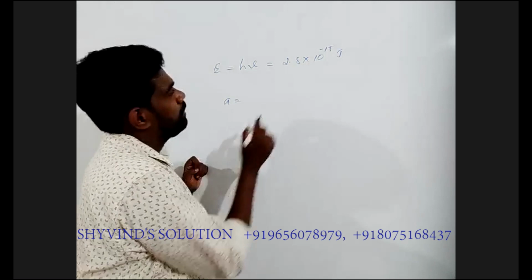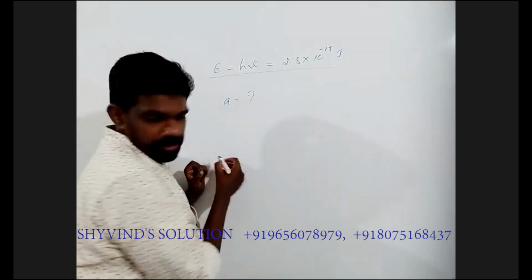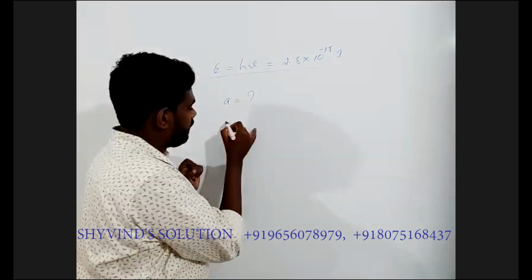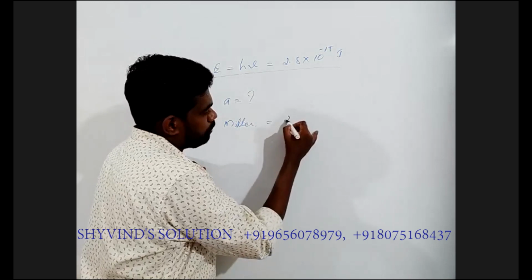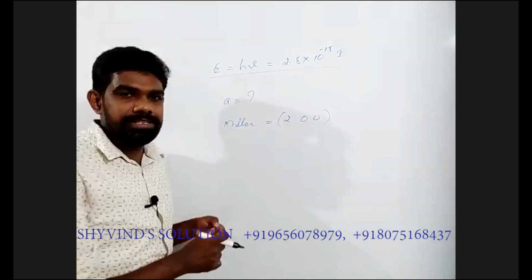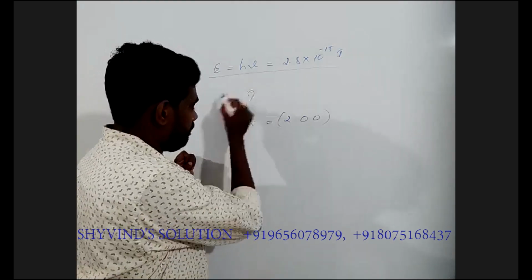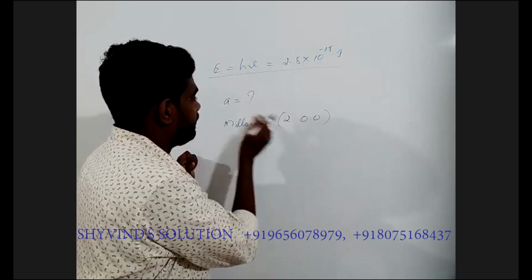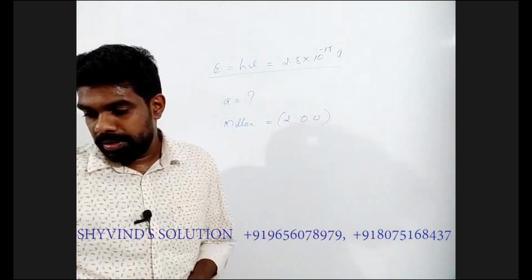Okay. The 200 Miller indices is given. Miller indices is given, 200 plane. So we know the relation between the Miller indices and this a. Okay. So we know the relation.